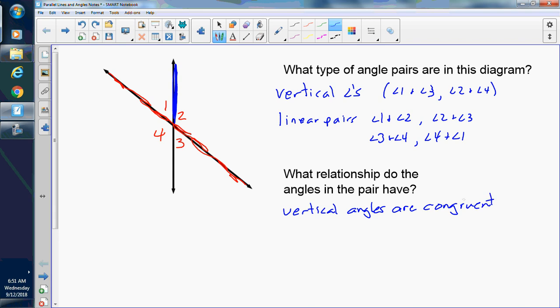We can set them equal to each other. If we have a linear pair, they are always supplementary. Remember, supplementary means they add to equal 180 degrees.